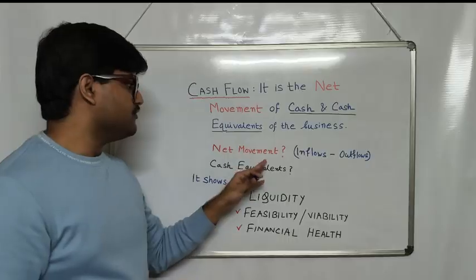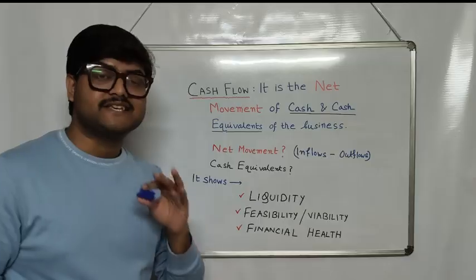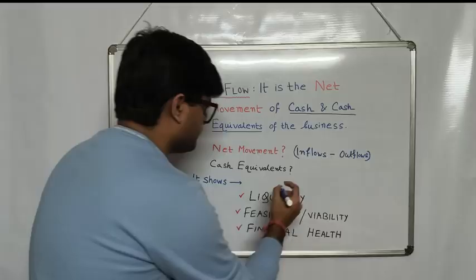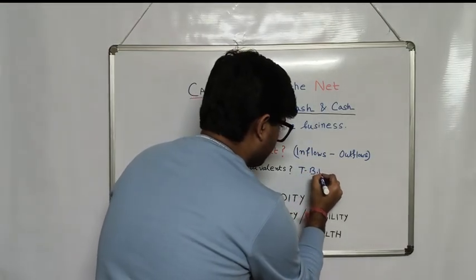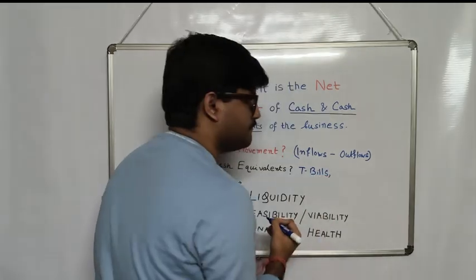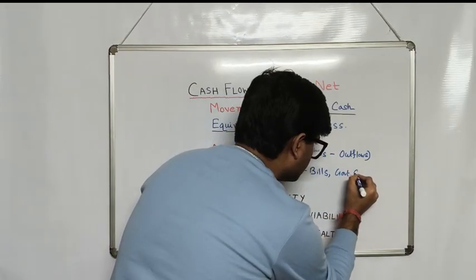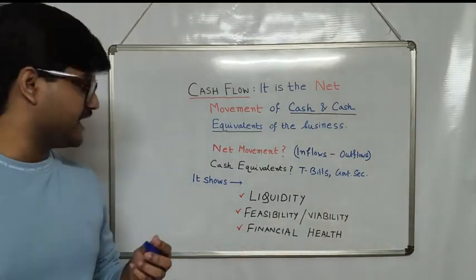And now cash equivalents. Cash equivalents are those assets or securities that are easily convertible to cash, like treasury bills, or let's say government securities. So these are easily convertible to cash.